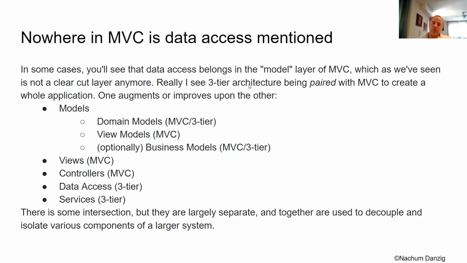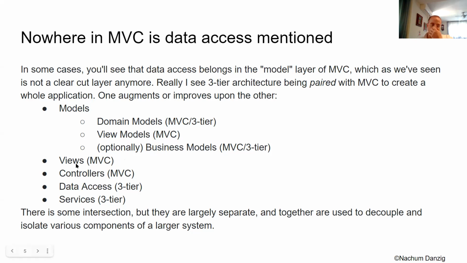So we have these models: the domain models, the view models, and the business models. And the models are basically data models, covering how to view the data, how to manipulate the data, and how to store the data.